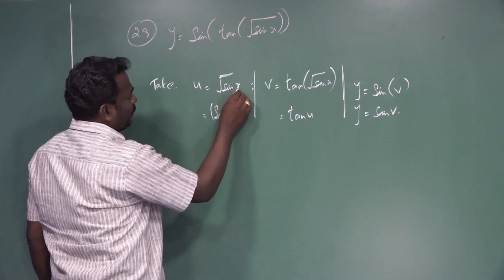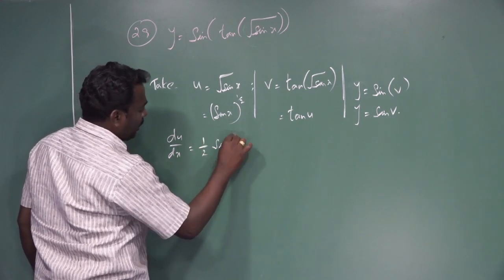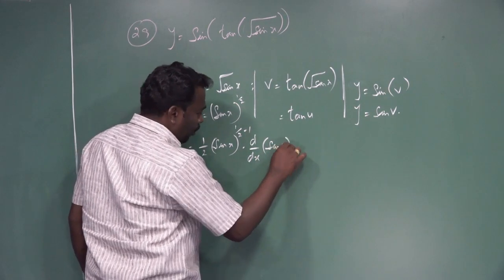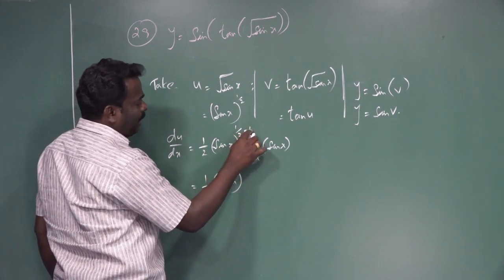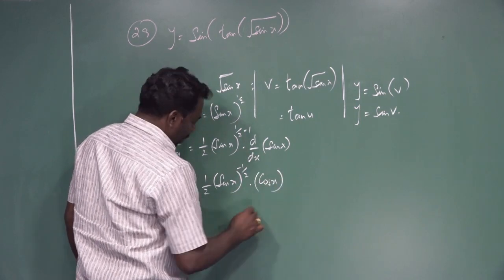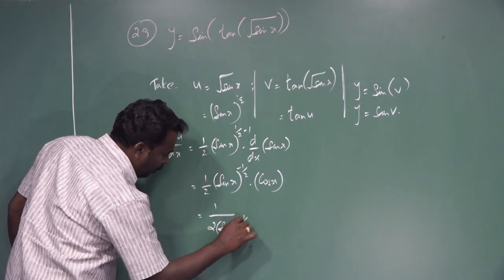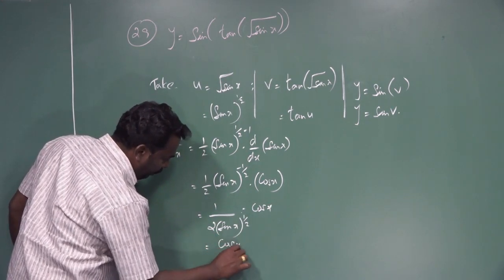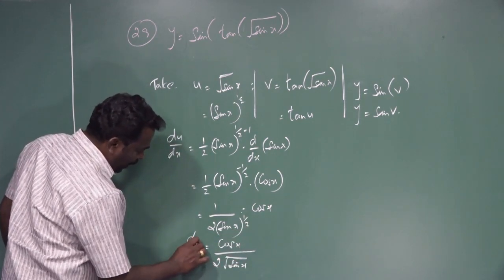Now differentiate u with respect to x: du by dx equals 1 by 2 into sin x whole power 1 by 2 minus 1, and again differentiate the bracket term sin x. That is 1 by 2 into sin x whole power minus 1 by 2 into cos x, which becomes cos x by 2 into square root of sin x as the final derivative du by dx.